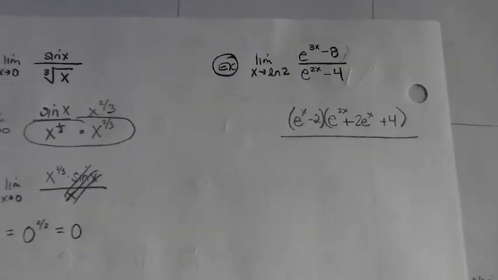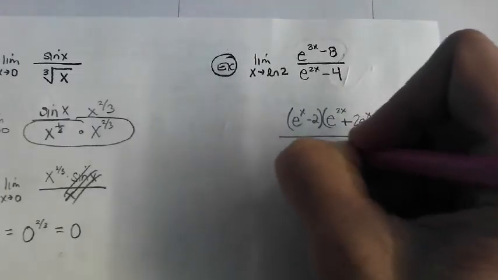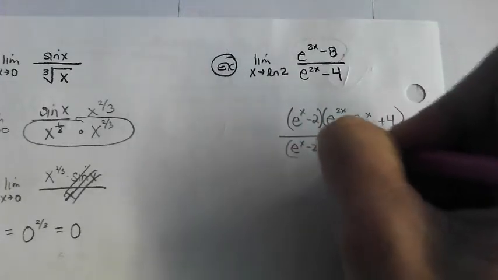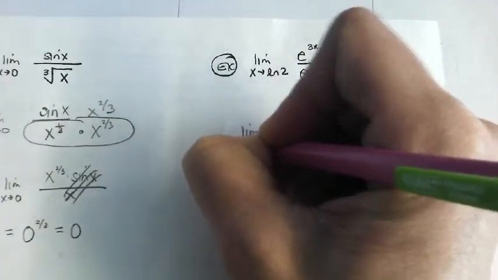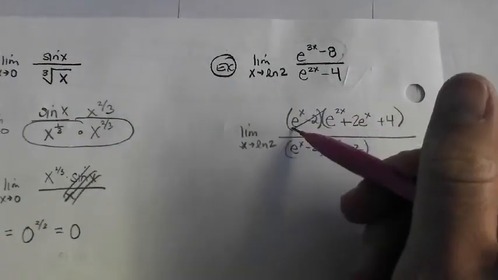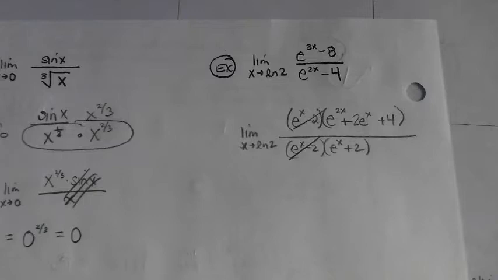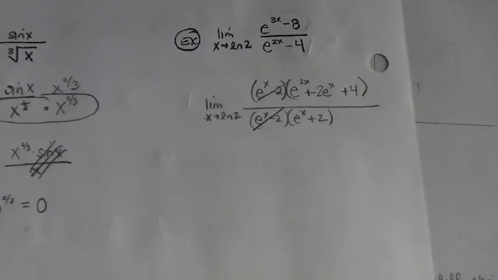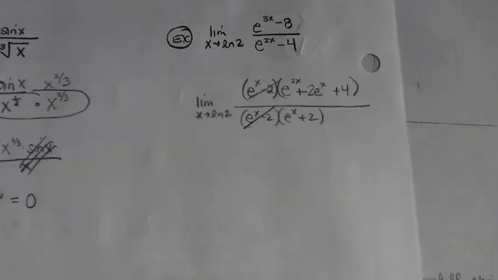On the denominator, we have the difference of perfect squares, e to the x minus 2, e to the x plus 2. And then we lose our factor. So I think now we can directly evaluate. I'm going to have to be careful with this.